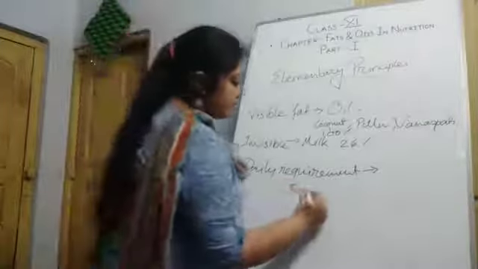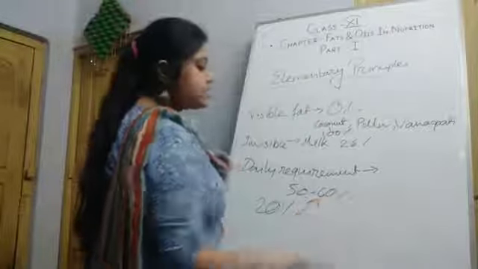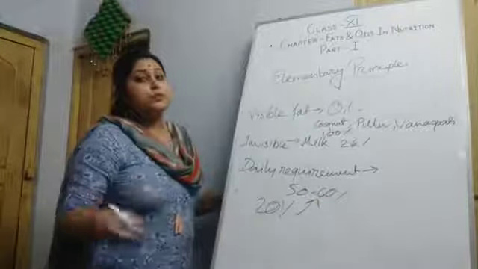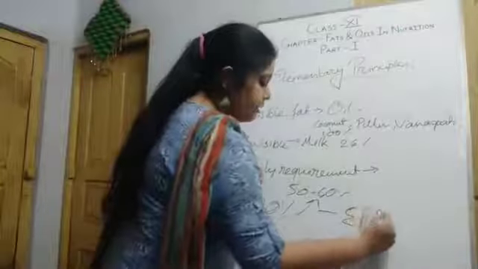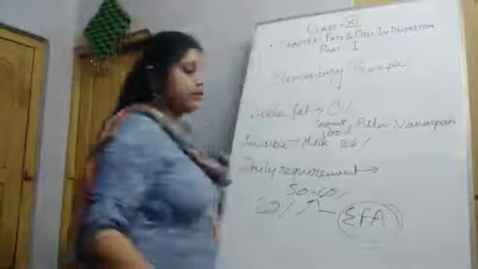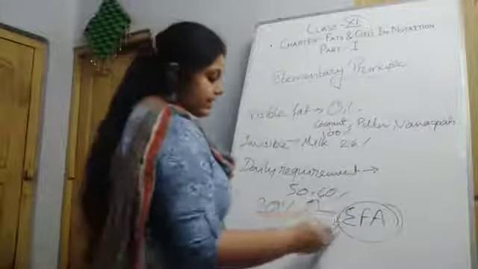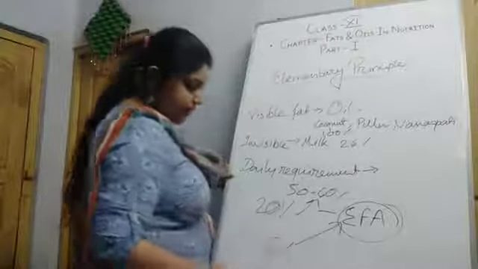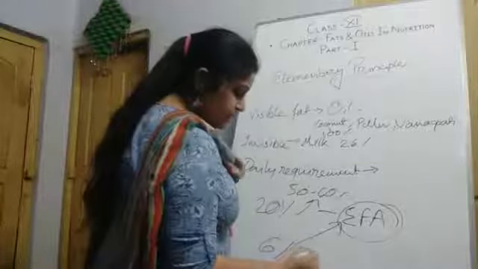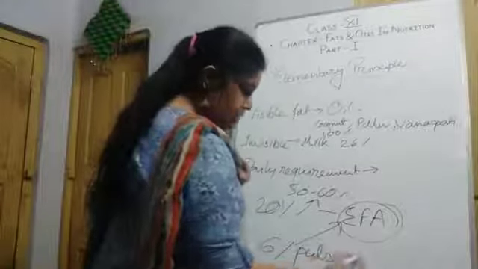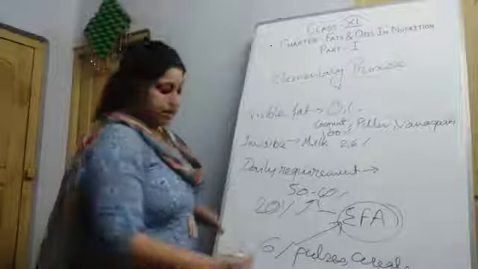And 20% of these 50 or 60 grams of fat should come from the essential fatty acids, which are very useful for our body. Within these essential fatty acids, 6% will come from things like pulses or cereals, and the rest from milk.